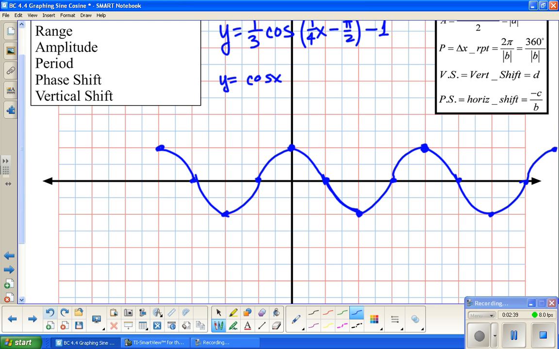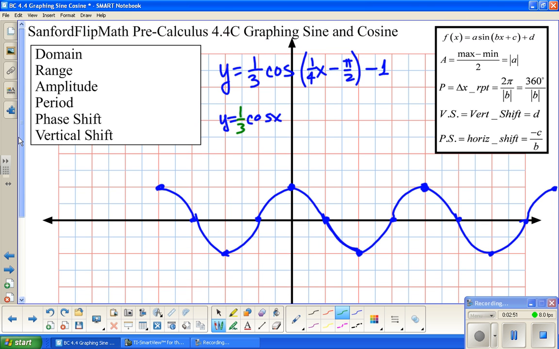Okay? All right. So now I'm going to start establishing scale. Now is when I'm going to do the 1/3 that's out front here. Well, 1/3 is on the outside. That's the A. Now this is cosine. Don't sweat that. It's just a slightly different shape, but it follows the same pattern. When I do that 1/3, that's my amplitude.